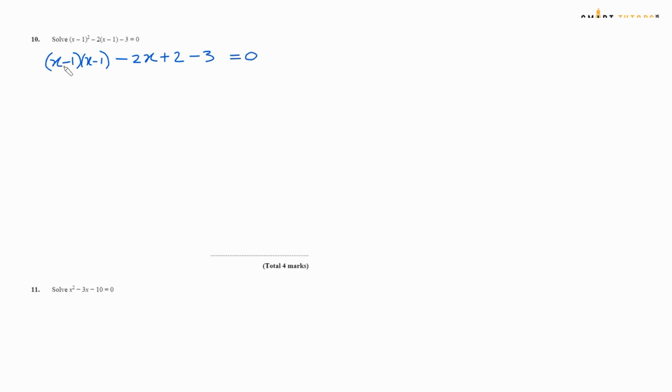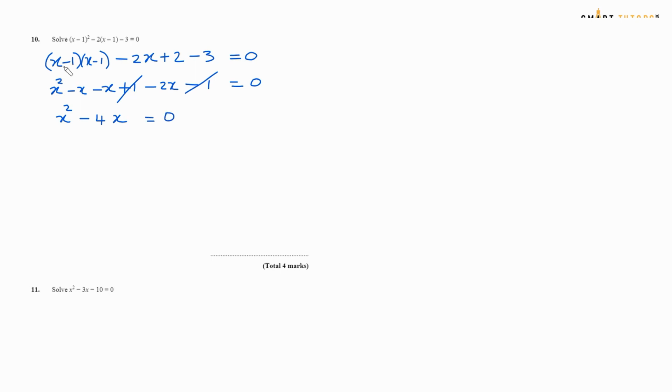Minus 2 times x is minus 2x, minus times minus is plus 2, then minus 3 equals 0. So expand the front bit. So x squared minus x plus 1, minus 2x, and 2 minus 3 is minus 1, equals 0.